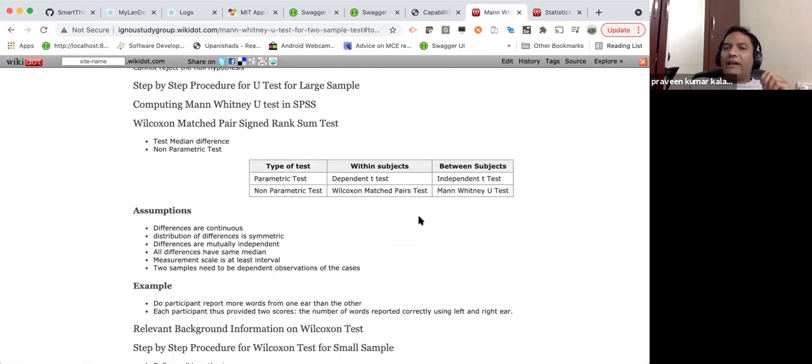In case of within subjects, you are not testing with 2 different groups. You are only testing the same person twice. You take a test now without giving the drug, and then give the drug and take the test for the same person after some time, to check how effective the drug is.